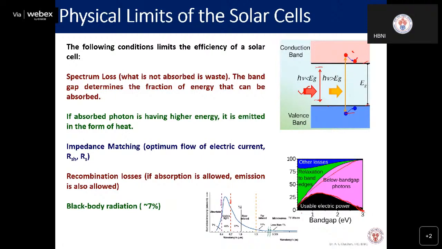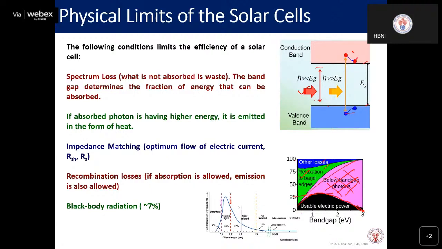This much goes to photons whose energy is less than the band gap energy, and this much goes into relaxation, meaning thermal loss, and the other losses are for this one. So if it is 100%, this will be the maximum possible.